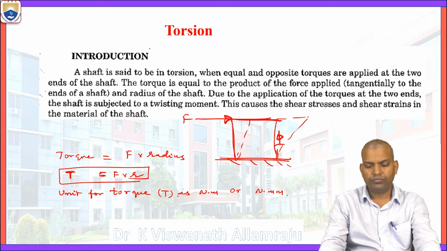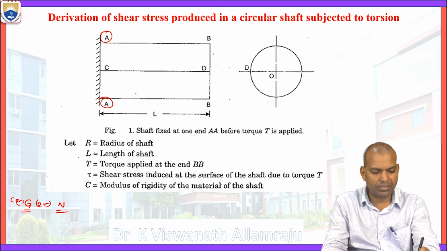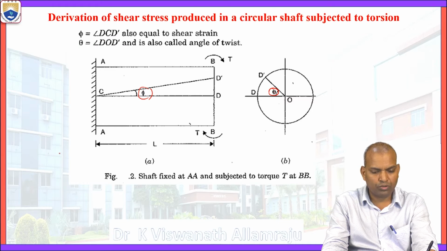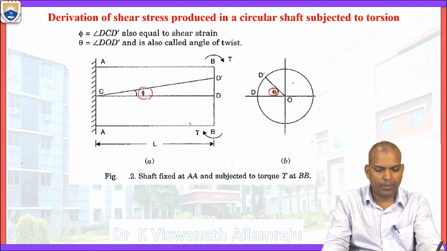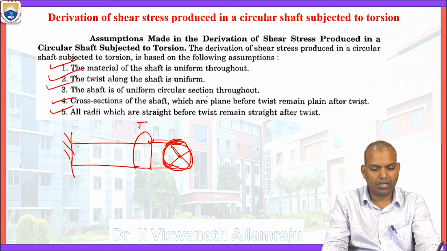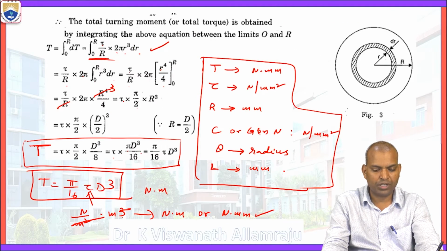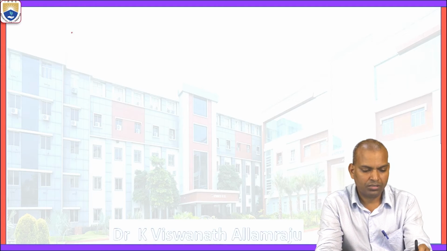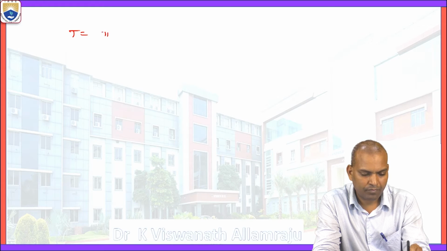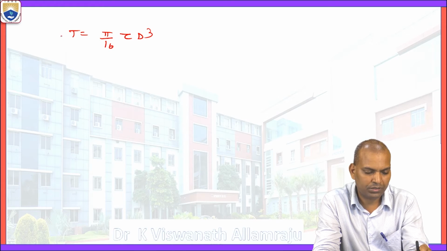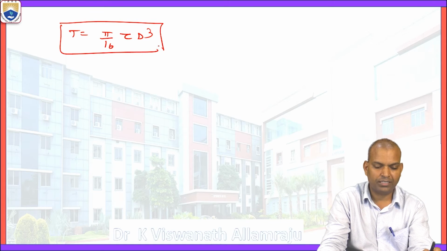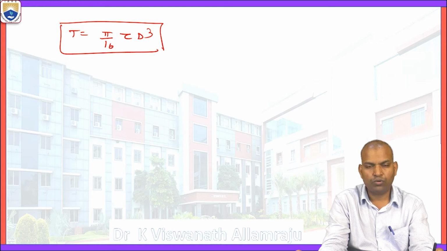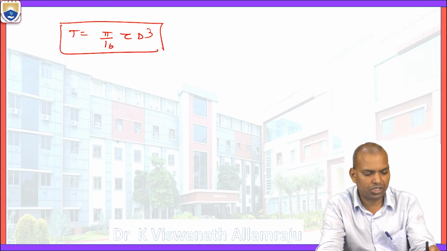One more thing we have derived is the maximum torque: T equals pi by 16 times tau d cube. This is a very important formula derived here. Suppose in a problem we have to find the torque when the shaft is subjected to a shear stress, we can apply it.